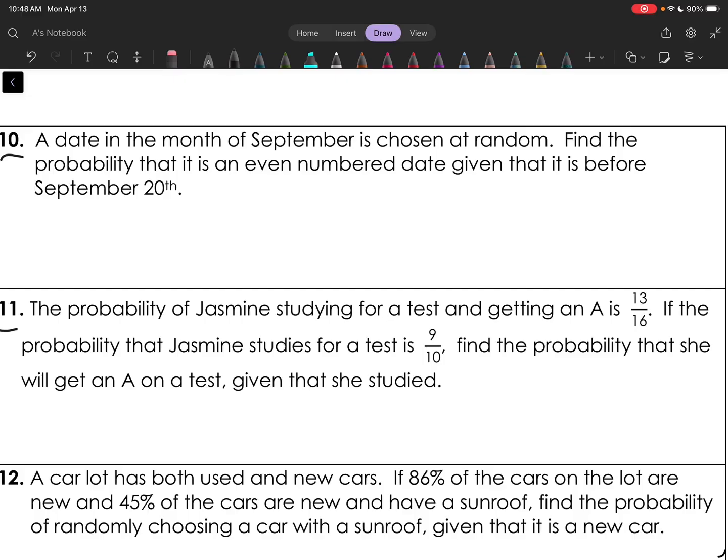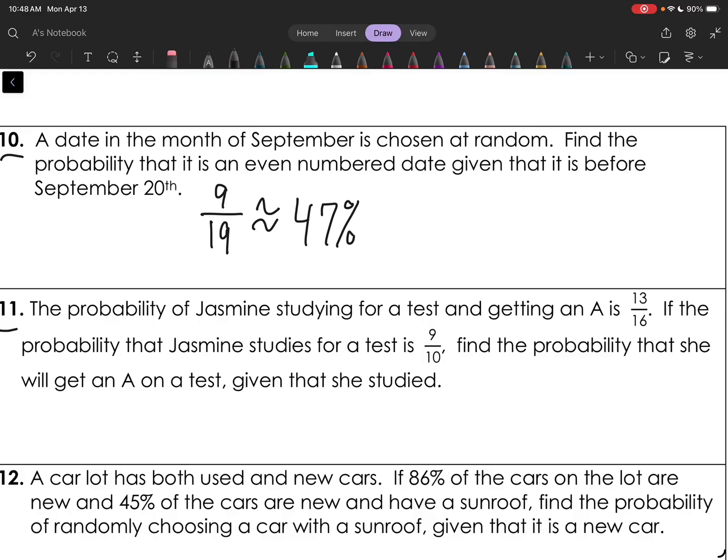So I have 2, 4, 6, 8, 10, 12, 14, 16, and 18 as my days before the 20th. That is 9 days. The number of dates before the 20th is 19. 47%, and I'm finished.